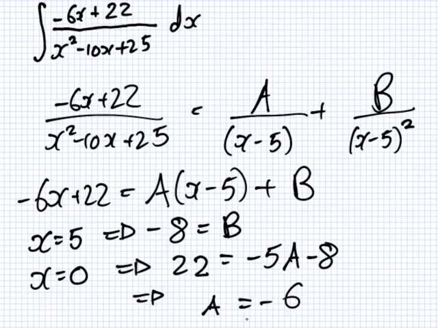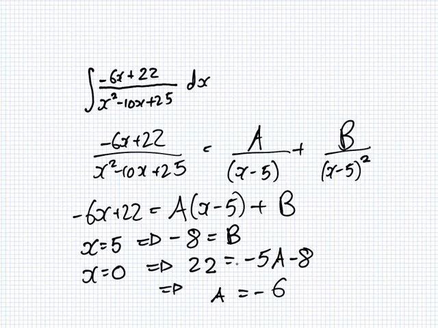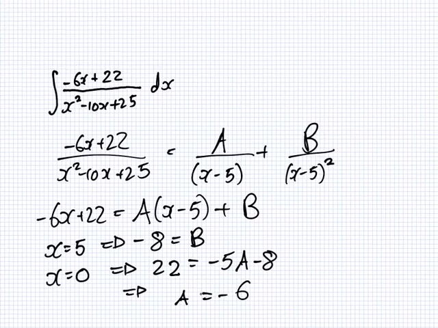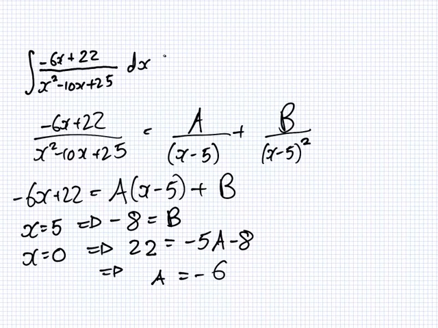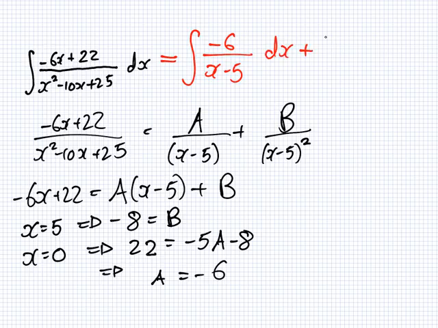Yeah. So now that I have my A and my B, I can change my problem into this. Integrate minus 6 over x minus 5 dx plus integrate minus 8 over x minus 5 squared dx.